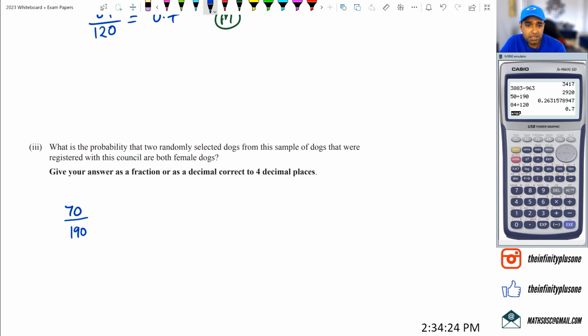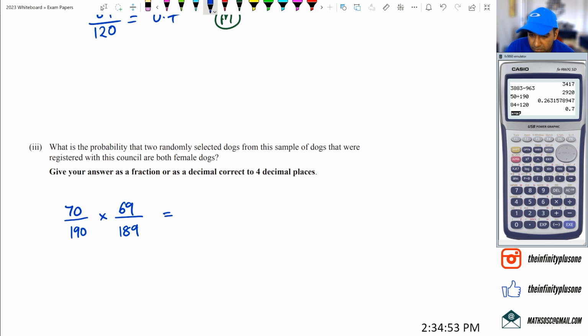So my first selected dog, if it's female, the female dogs from this council is going to be 70 out of 190. Then my second one, because I've taken one dog away, we've got 189 dogs, and if we take one female away, because we want both of them being females, there's 69 female dogs remaining.